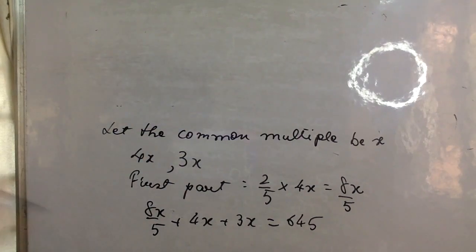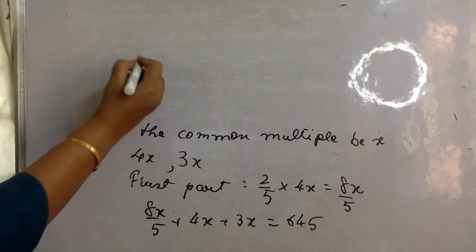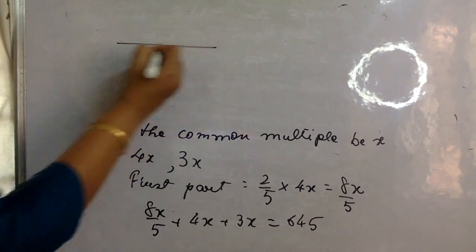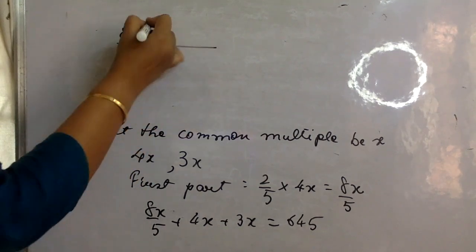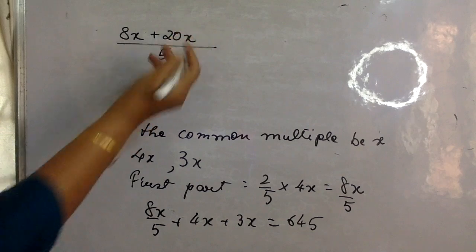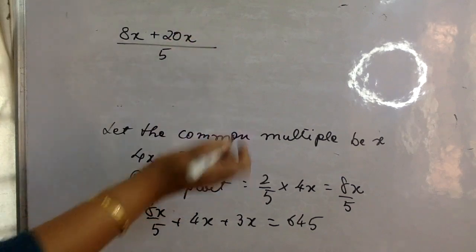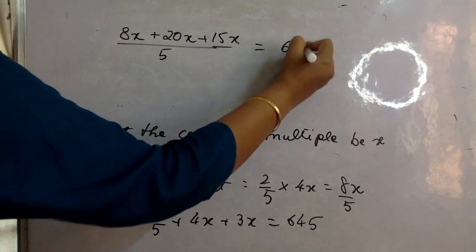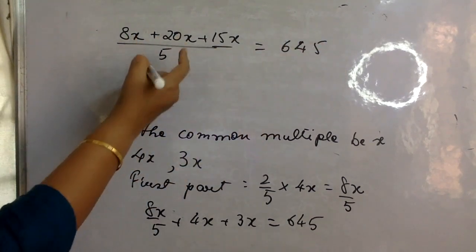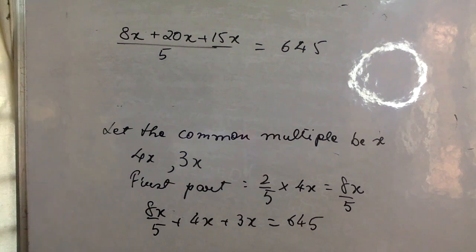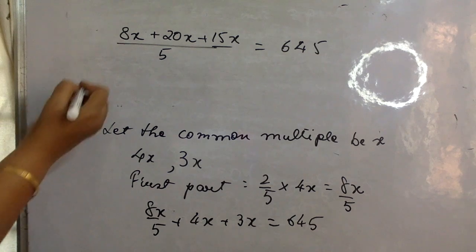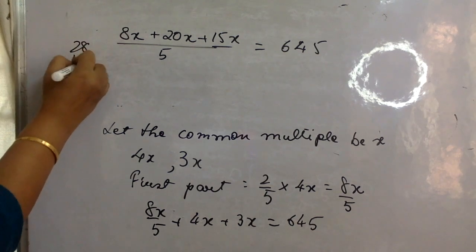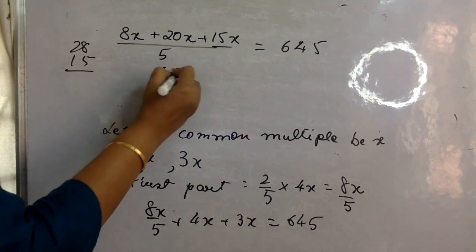Here the LCM is 5. So I'll take LCM as 5, then it is 8x plus 15x, I'm just doing one fraction addition, that comes to 645. So this is 28 plus 15. 28 plus 15, that is 43.